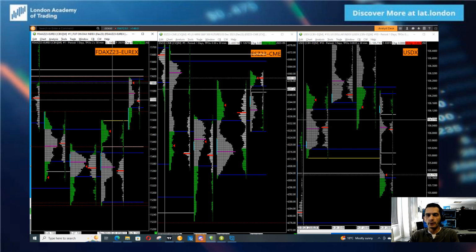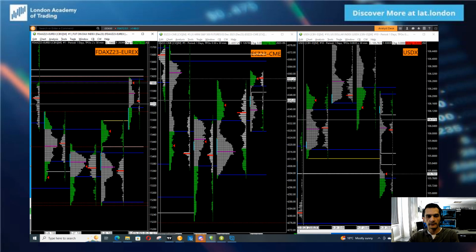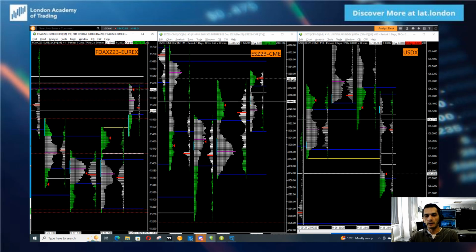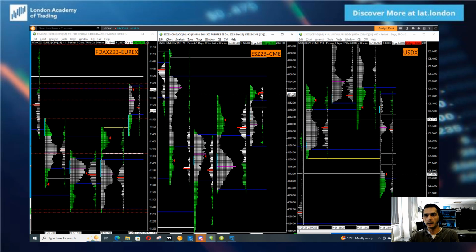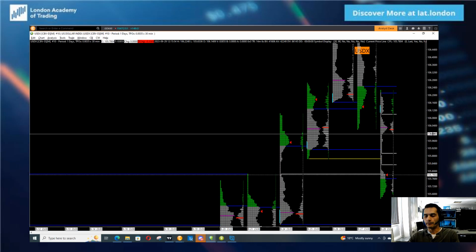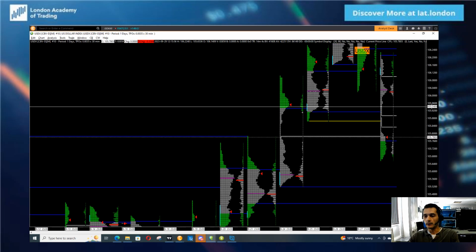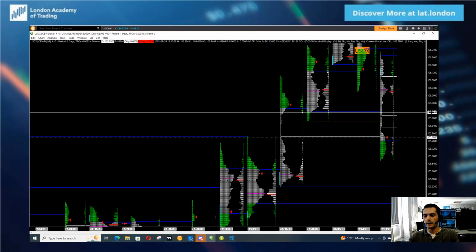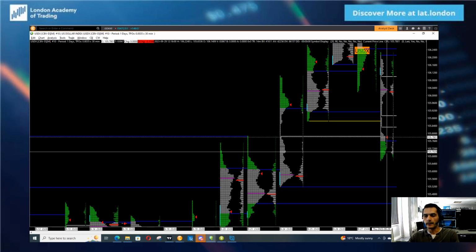Obviously, previous release was at 6.1, and the consensus for this release was 4.6, while the data release itself gave us a 4.5 CPI in Germany, which helped me understand that potentially my trade is something that I should be getting involved with at the moment, and potentially look for a target that is in line, obviously, with my technical analysis, and that target is still in play.